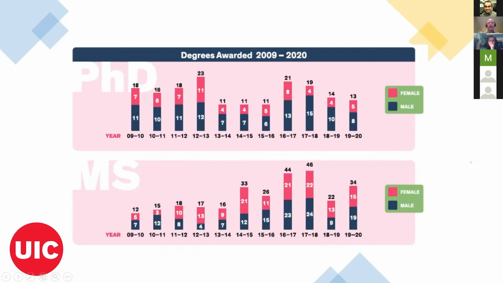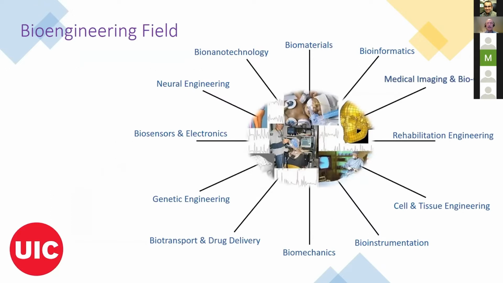We'd like to see a larger percentage of women in the program, but it is pretty good for an engineering program in terms of the percentage of degrees at the PhD level and master's level awarded to women. We are a program that covers pretty much all of the different niche or specialty areas that fall under the bioengineering or biomedical engineering area.